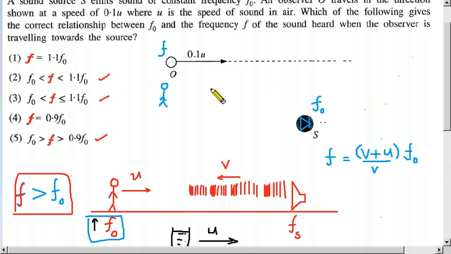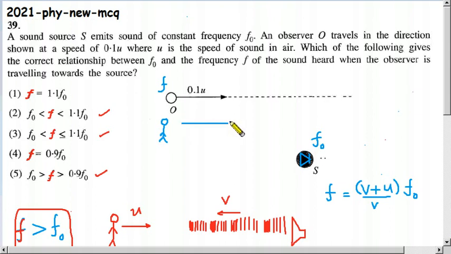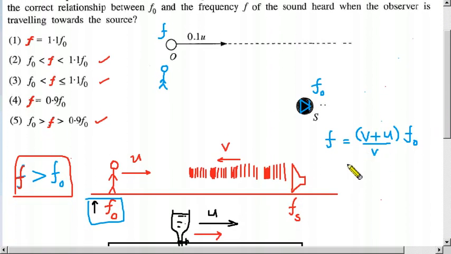So for such a case, this is the equation. Such a case means the observer moves towards the source. So when the observer moves towards the source, this bracket part comes at the numerator like this. So we have to write it now.